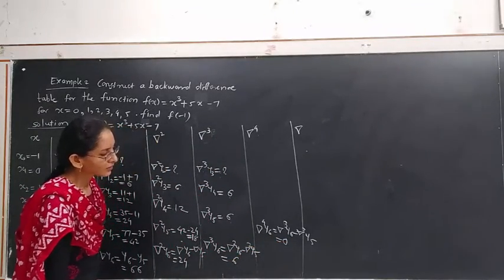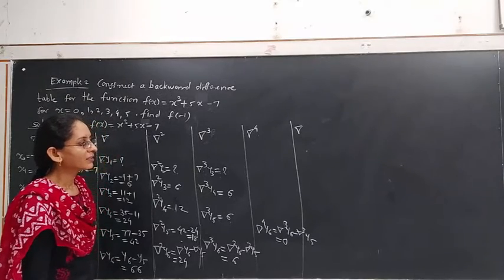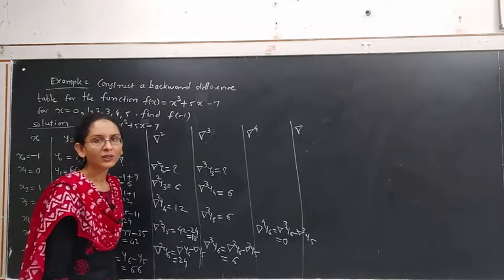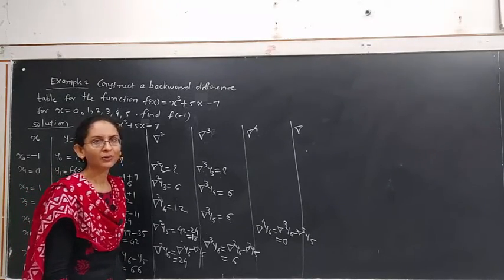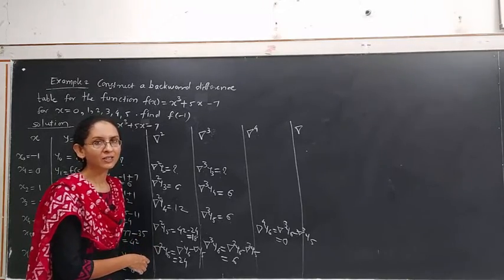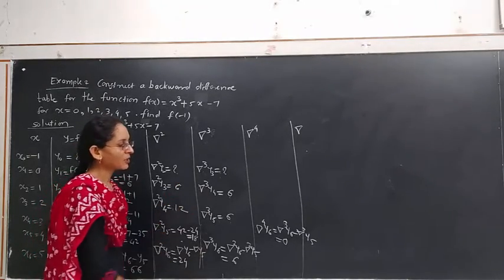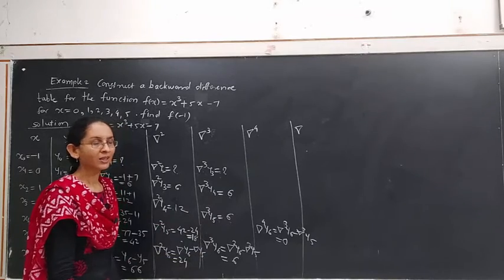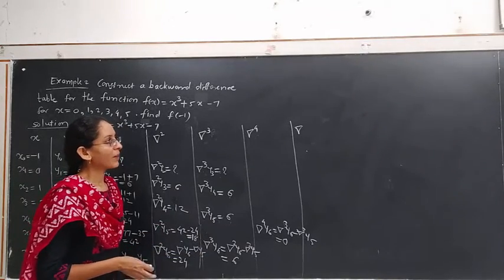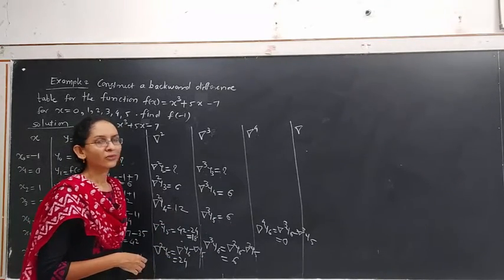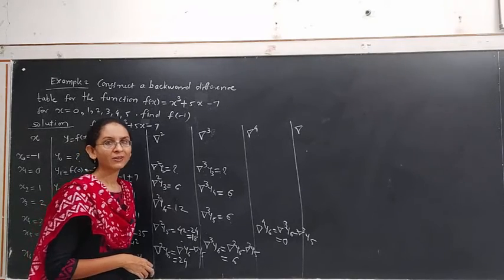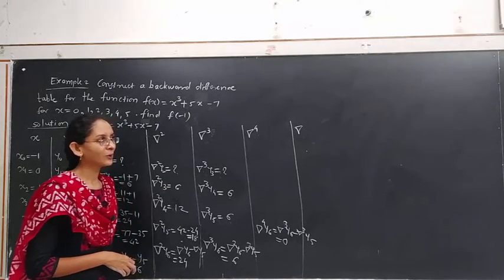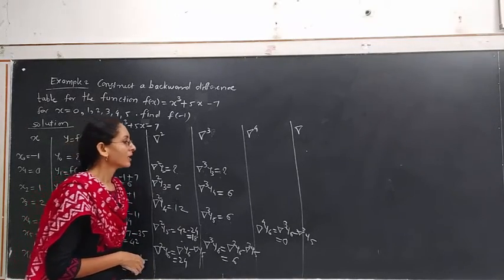Hence, all the backward differences of order greater than or equal to 4 in this table are 0, because third order backward differences are constant. The backward differences of the next orders, that is backward differences of order 4 and 5, are 0.